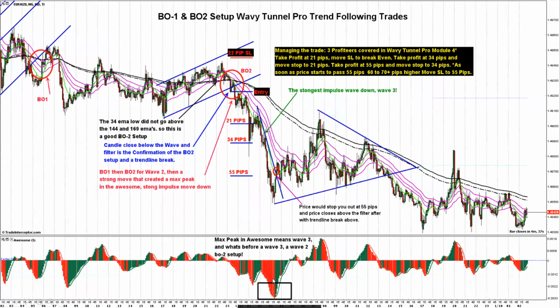So in his mind, this is a wave 3 because it peaks in the awesome oscillator. And this is a wave 2. Why? Because price comes back and the wave comes back to the tunnel and wave 3. And then the PW fill the gap, once we learn that tomorrow, that's where your wave 4 comes in before a wave 5 down.